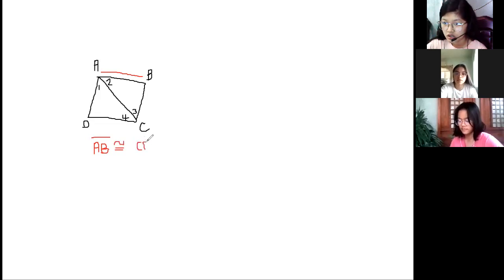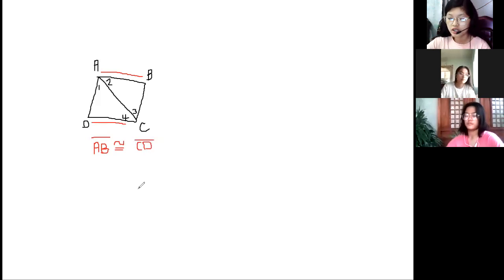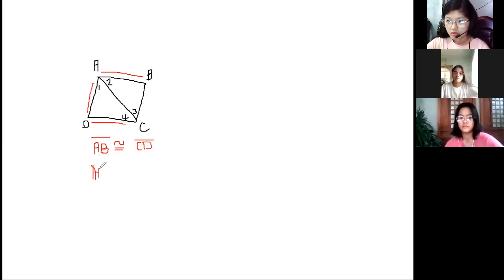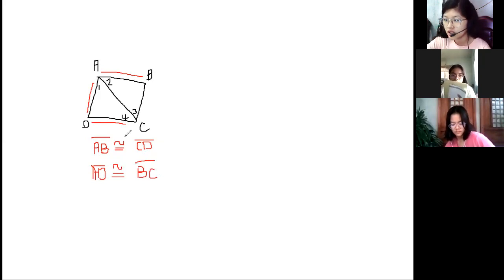Ito yon. And another opposite side, we have side AD. Congruent siya sa side BC. Very good. So, i-prove natin using yung mga given na kung saan ang quadrilateral na ito ay parallelogram.